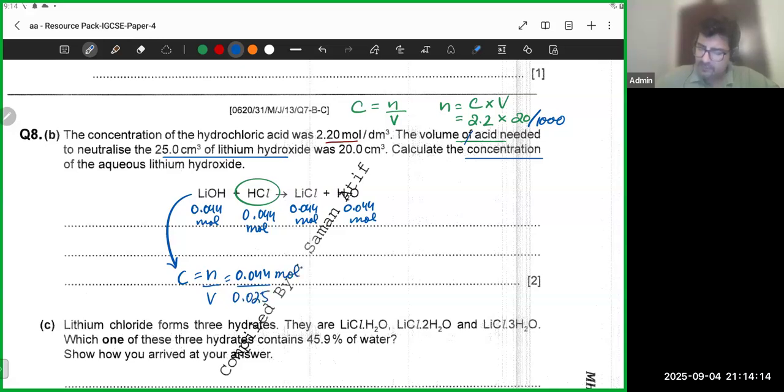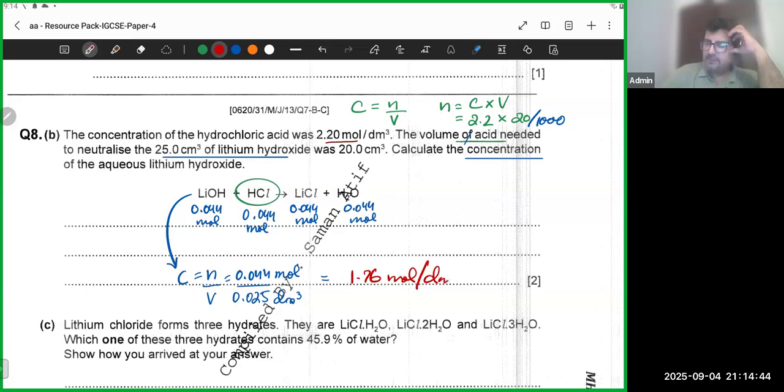So we divide the moles by the volume in dm cube, and what do we get? 1.76, that's your answer.